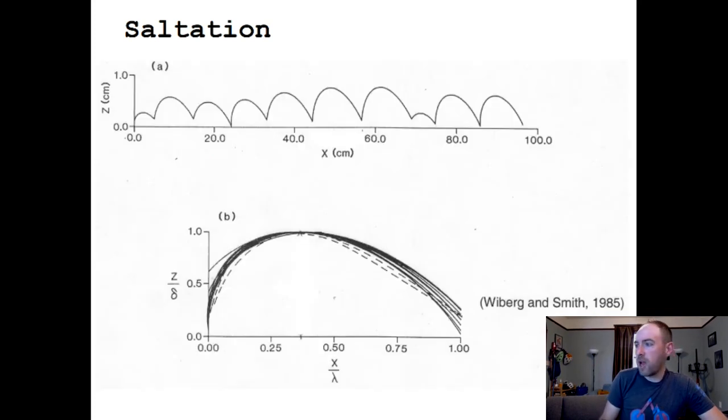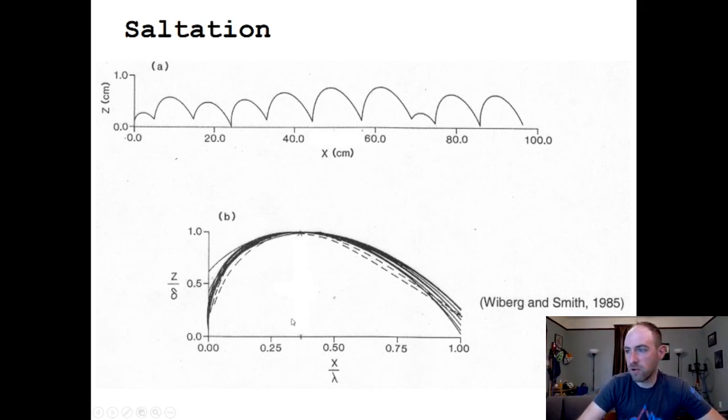So we can describe saltation trajectories. Again, here's another set of measurements from different experiments. And one thing that you'll see is that the height is relatively consistently a function of the height of the bedload layer, right? The saltating particles end up sort of maxing out for any given system.